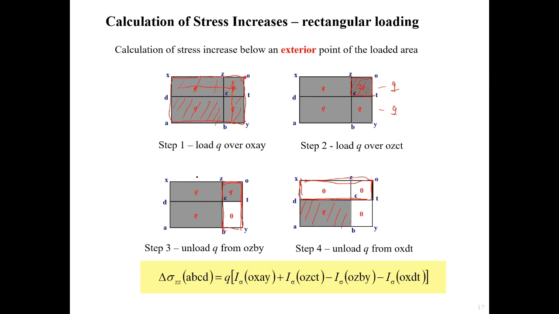So Q minus Q equals 0, here becomes 0. And this Q minus Q becomes 0 as well. So we only have this Q, the original real loading area. And in this way, we are also able to calculate the stress increase because point O is the corner point of all 4 rectangles.